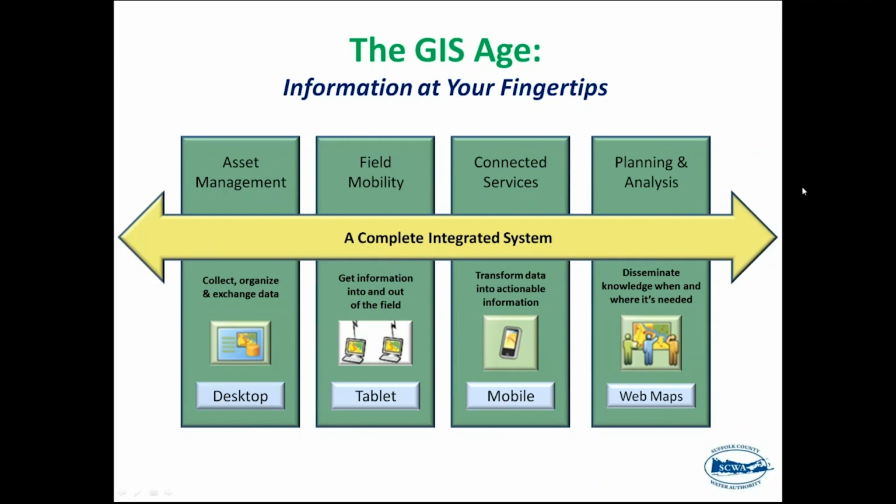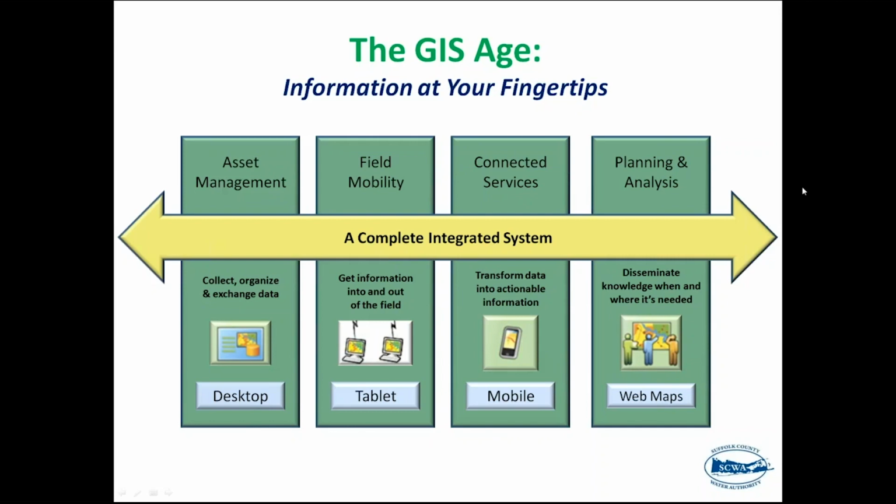But along the bottom, you see from a desktop standpoint, mostly for in the office, the tablet for out in the field, whether it be a Toughbook or an updated tablet or otherwise. That mobile technology, we've gone from flip phone to now fully enhanced smartphones, whether it be an iPhone or more particularly an Android type phone. And then the web maps.